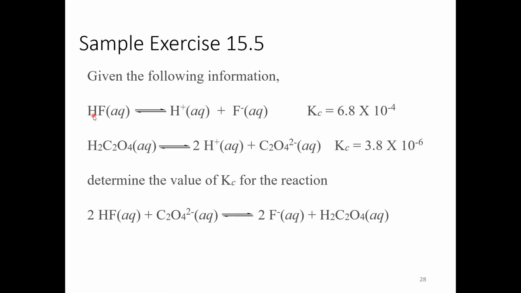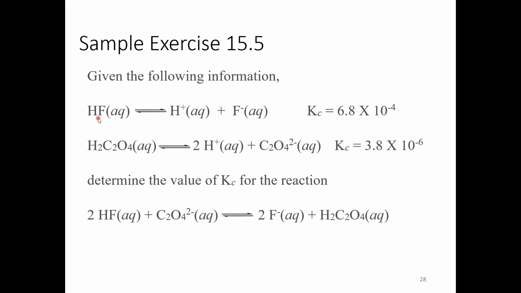This is going to be kind of similar to Hess's law almost, because we've got HF in one spot in the steps that we're given. But in the steps it's got a coefficient of 1, here it's got a coefficient of 2. And with the second one, we can see we want H2C2O4 as a product, but it's listed as a reactant in the step.